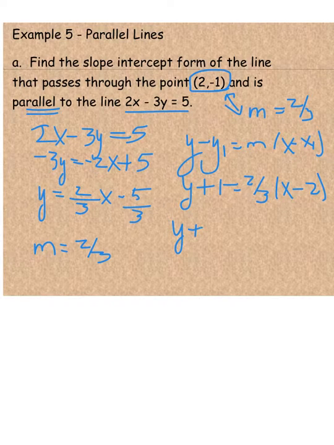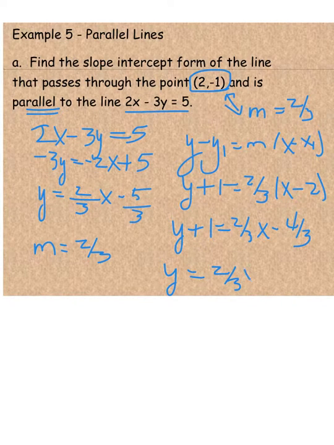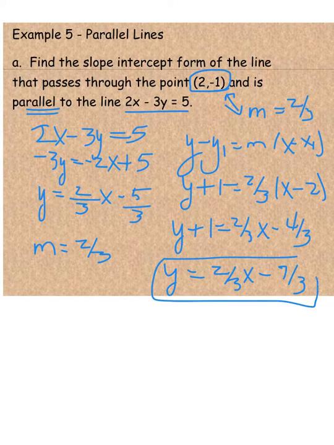We'll distribute 2/3 x minus 4/3, and then we'll subtract 1, and this will give us minus 7/3. So the equation of the line that goes through the point (2, -1) and is parallel to 2x minus 3y equals 5 will be y equals 2/3 x minus 7/3.